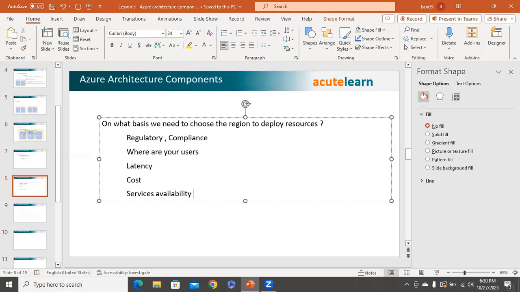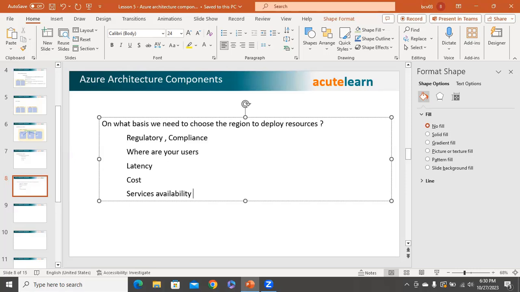Now, which region is providing me that? If I go to West India, I don't have availability zones. If I go to Central India and South India, I have availability zones. Now I need to choose. My requirement is on service availability. West India is cheaper than Central India, but in West India, we don't have that service availability.